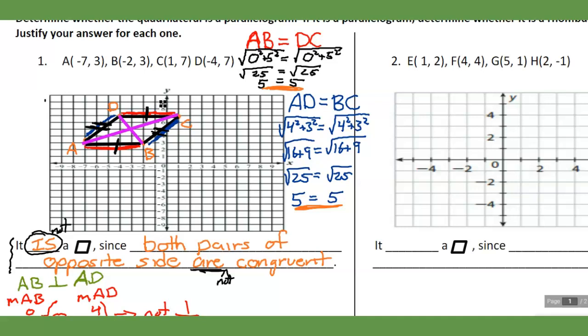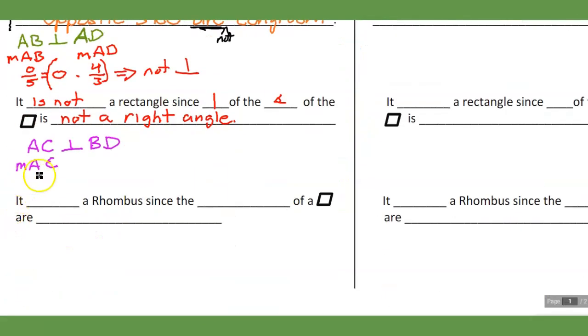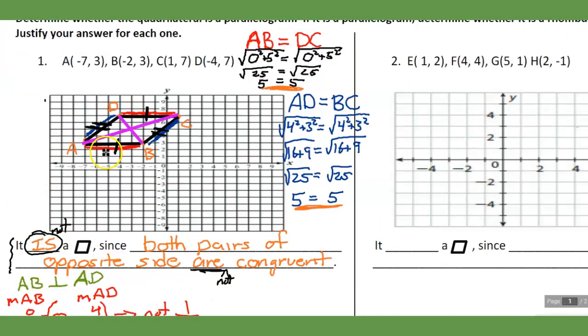Yeah. 4 over 8? So up 4 over 8. Okay. So 4 over 8 would be 1/2, right? Okay. And then do the same thing, slope of BD. What is the slope of BD?